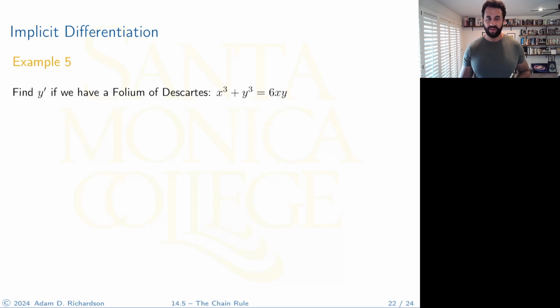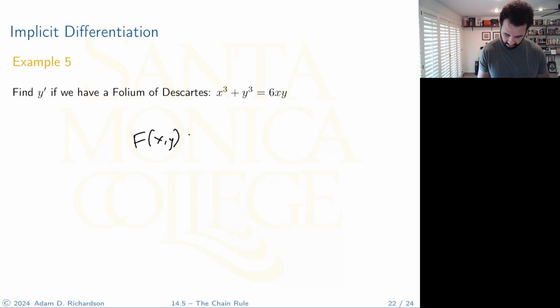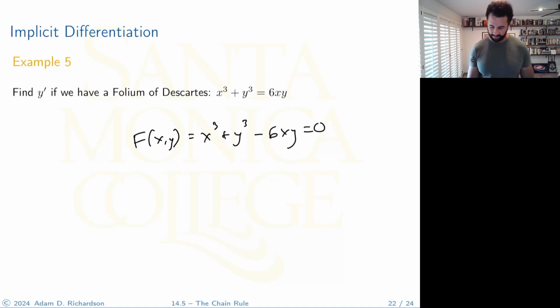Okay, here we go. The implicit function theorem said that I need the partial with respect to x. Well, first I need to move everything over and get an actual function, right? So I'll call my function x cubed plus y cubed minus 6xy, set that equal to 0. So this is my function.